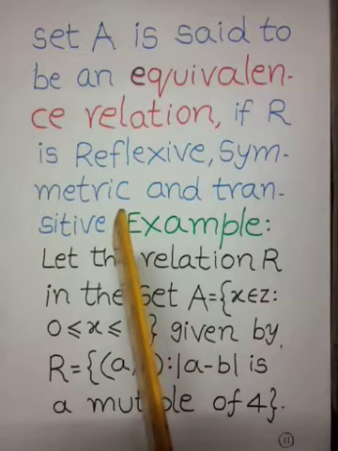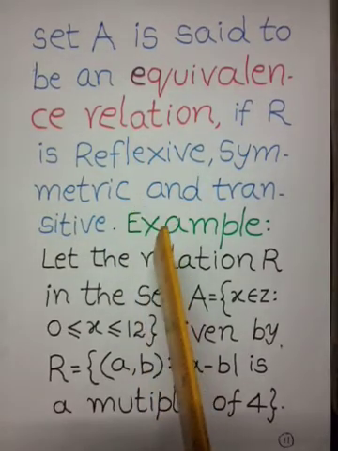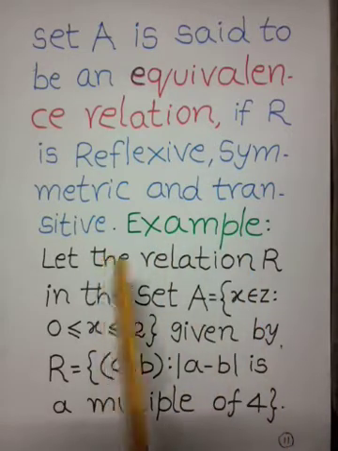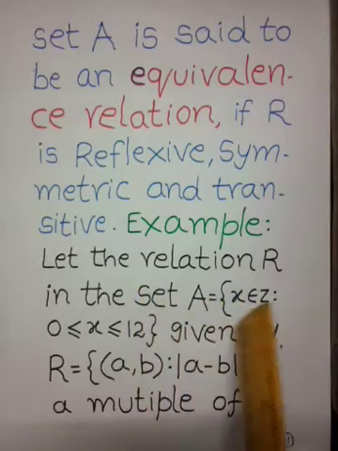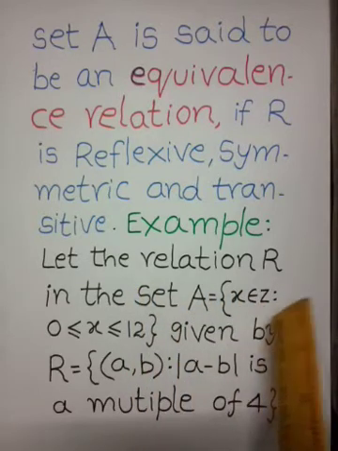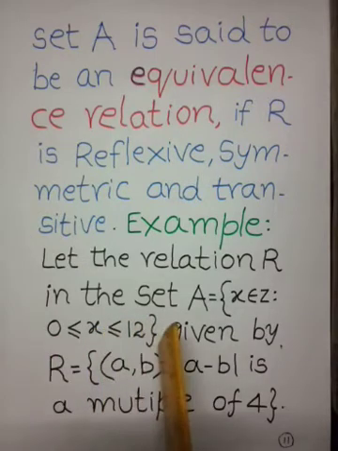Now let us take an example for an equivalence relation. To understand this point, let us take an example. Let the relation R in the set A, where A is equal to the set of all x belongs to Z such that 0 less than or equal to x less than or equal to 12.